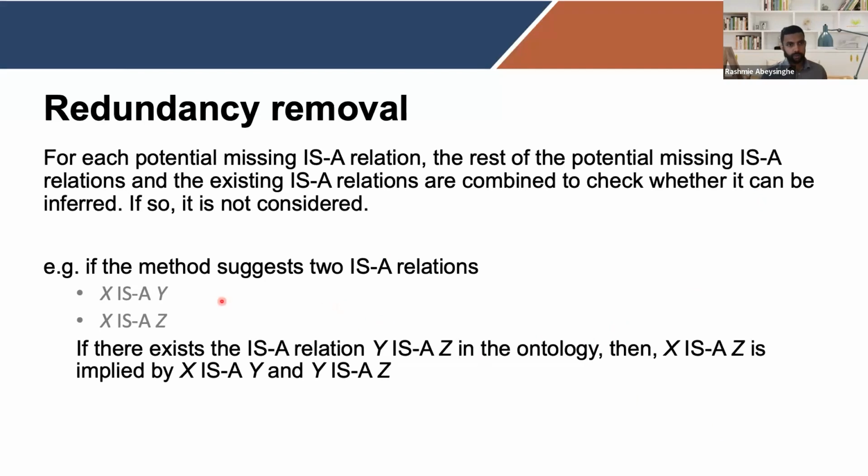For instance, if our method suggests two Isa relations, X is a Y and X is a Z, and there exists an Isa relation, Y is a Z, in the ontology, then X is a Z is actually implied by X is a Y and Y is a Z. Because of that, we do not suggest X is a Z, because that can be inferred.